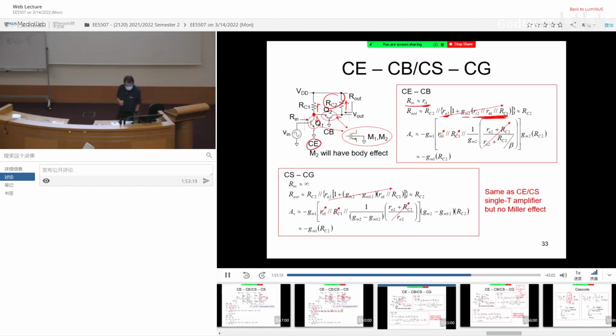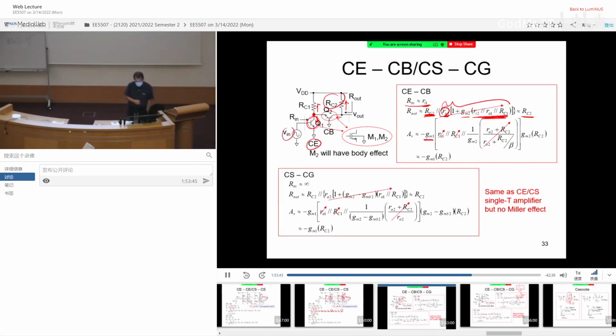Now, if we do that, the first term is usually much smaller than this guy because RO2 is already very big. So in that case, it simplifies to RC2. To find the voltage gain, we don't have any resistor divider, so we just write down whatever the voltage here converts into the GM cell.